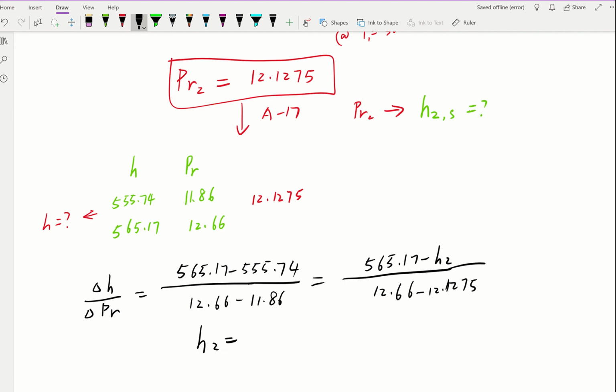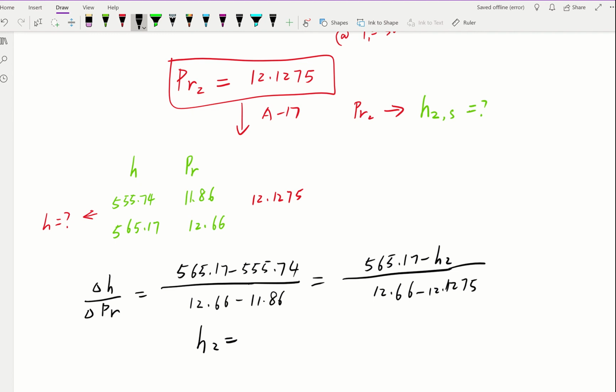All right. Let's go ahead and put it in the calculator. 565.17 minus 555.74. Then divided by 12.66 minus 11.86. And then we're going to times this 12.66 minus 12.1275. Okay, that's our value.